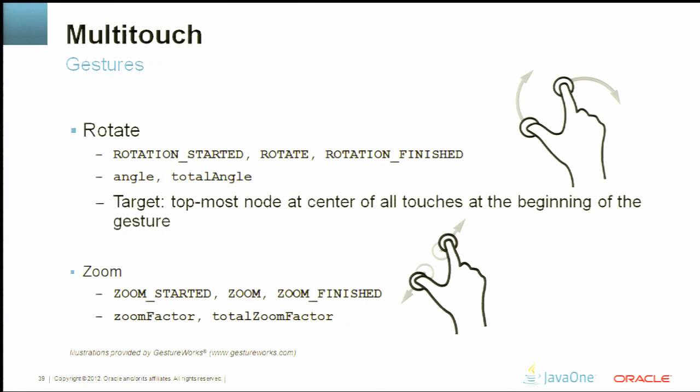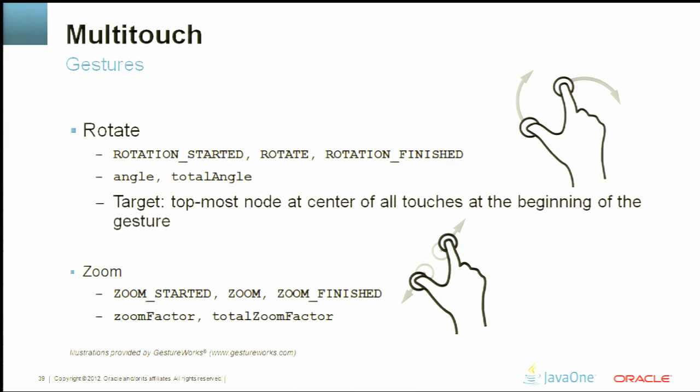Okay, and then I will just tell you what kind of gestures we support. There are 4 of them. Rotate, this is the standard gesture with 2 or more fingers, and from the event you can get an angle.